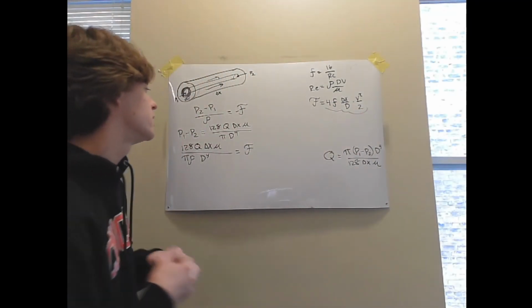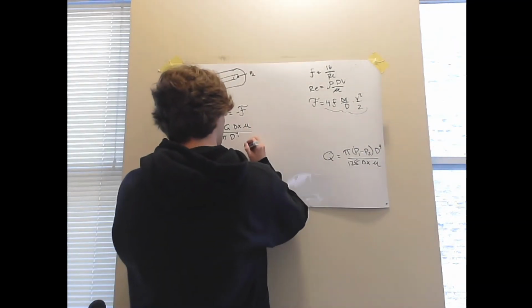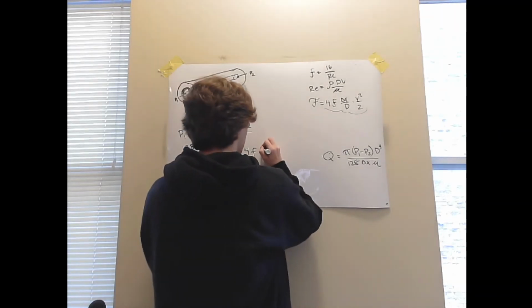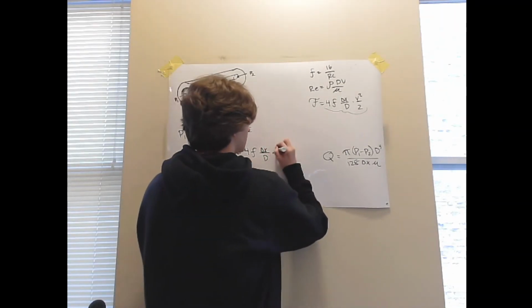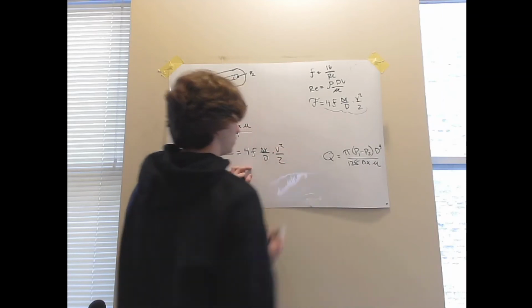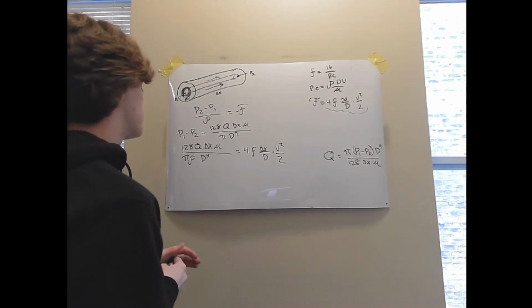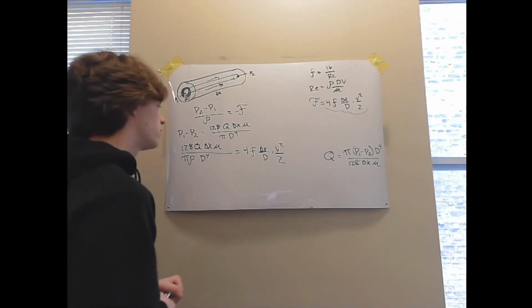So I'm going to plug that in for F. And so we have 4 times the fanning friction factor times delta X over the diameter times the velocity squared over 2. Now from here, we just need to massage this equation and solve for F.